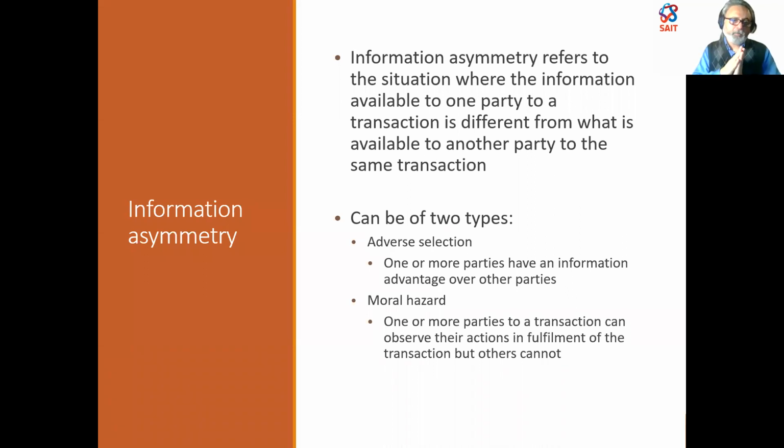Moral hazard is the other part, where once a course of action has been decided, one of the parties can, just because they are able to observe what's happening, engage in transactions, or do things that may end up hurting the other. Okay, and I'll talk about specific examples when they're appropriate. At this point, I'm just going to leave it at a high level.